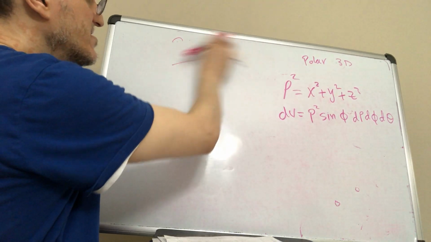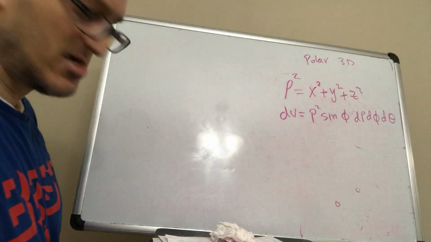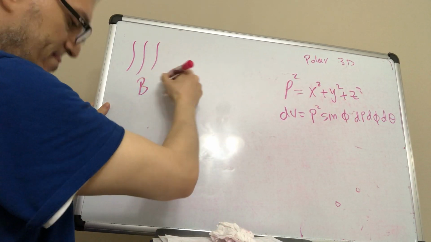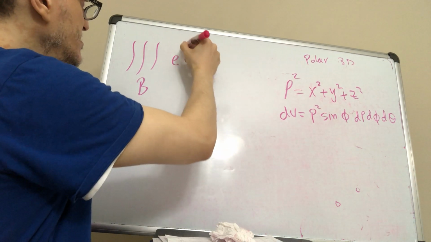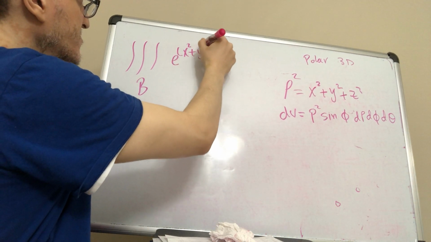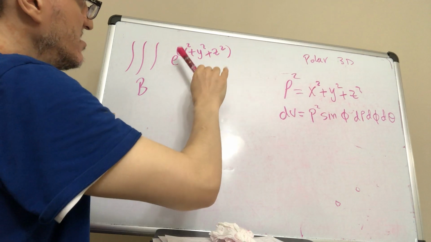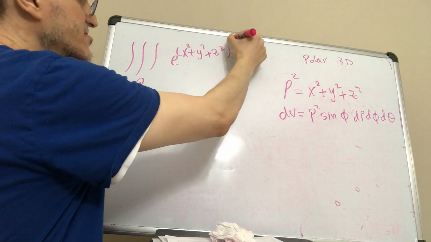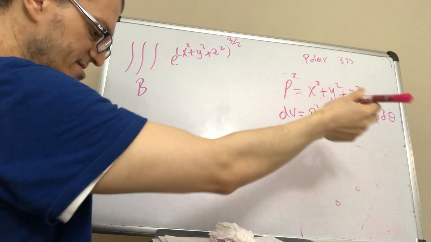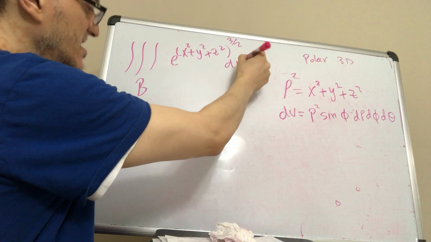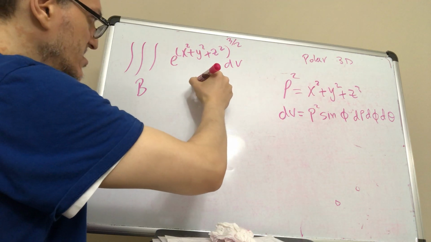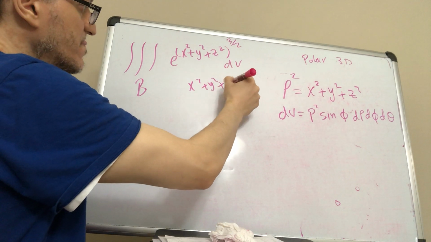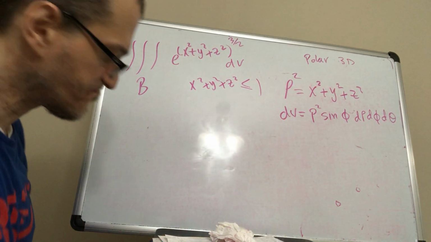And how do you know that the question is 3D? You see the question here, integrate e, you see x squared, y squared, but z squared also. So that's an indication of 3D. And dv, and they tell you it's unit sphere 1.